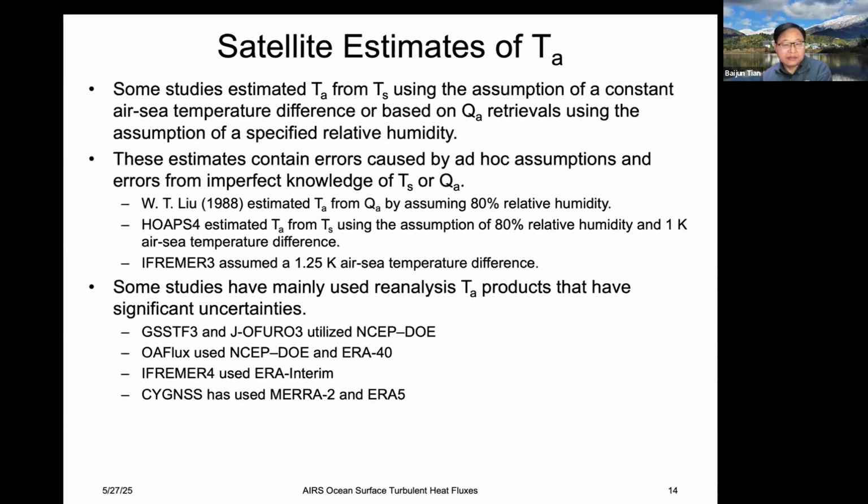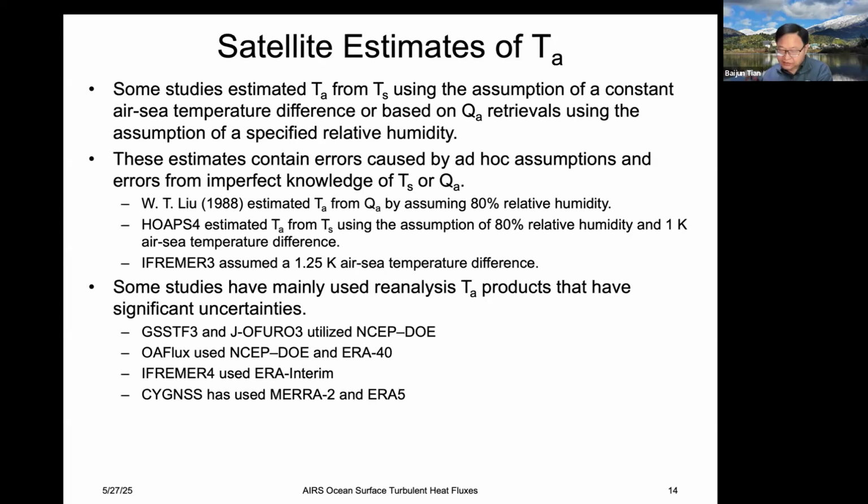And if you look at the satellite estimates of T sub A, near surface air temperature, some studies estimate T sub A from the surface temperature based on an assumption of a constant air-sea temperature difference, or based on near surface humidity retrievals using an assumption of specified relative humidity.